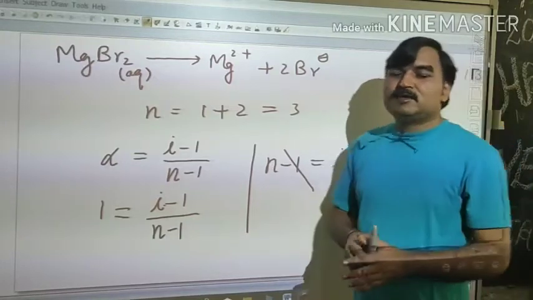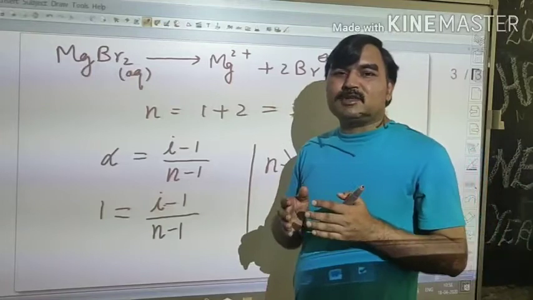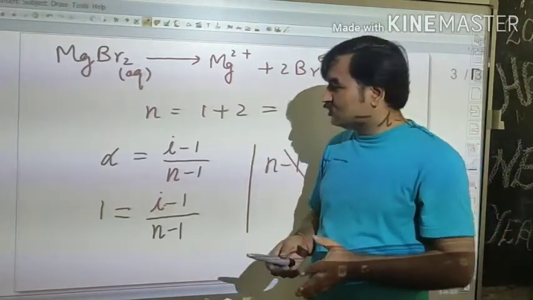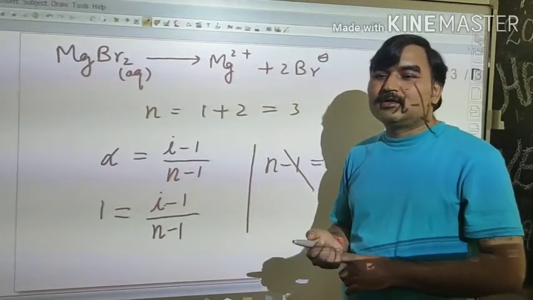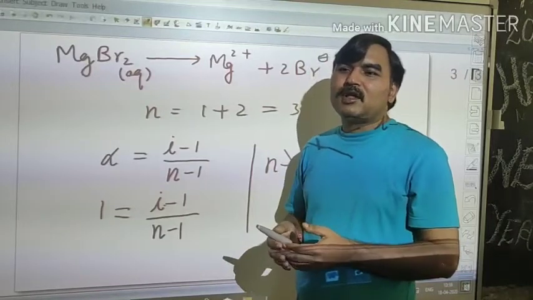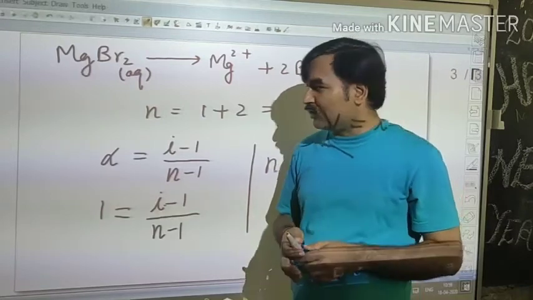So if the solute is an electrolyte and it is 100% ionized, then i will be equal to n. So if you are not given the van 't Hoff factor, and neither are you asked to find it, then we have to assume that the solute is 100% ionized.